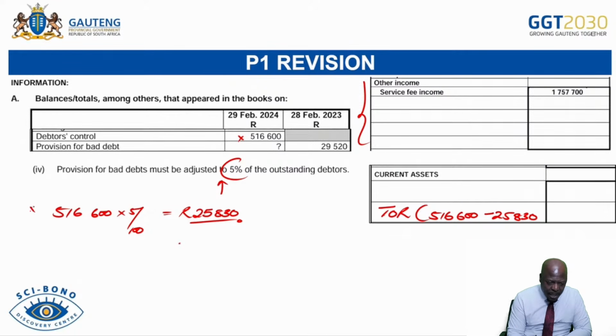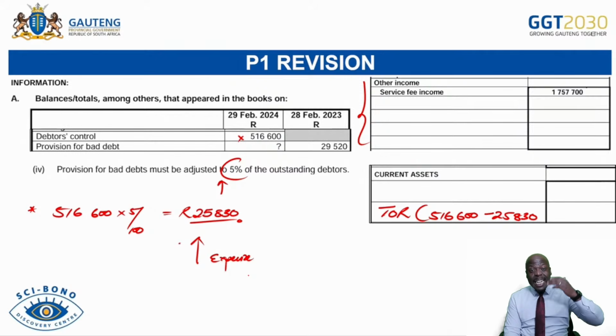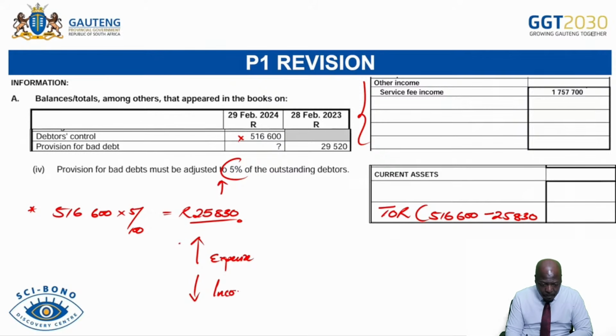In your statement of comprehensive income, you would have to record either an increase or a decrease. How do you know? You must already understand that an increase in provision for bad debts is an expense. But when provision for bad debts decreases, then it is income.